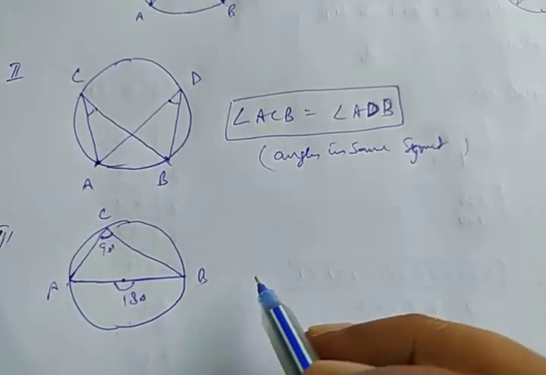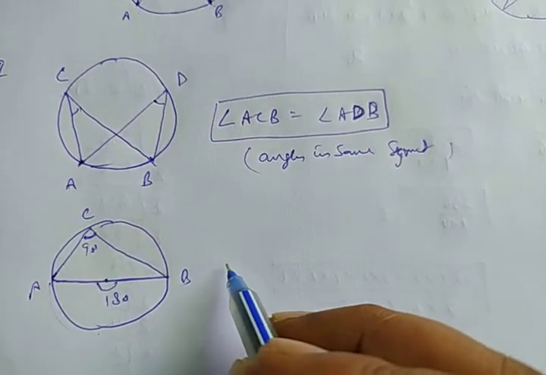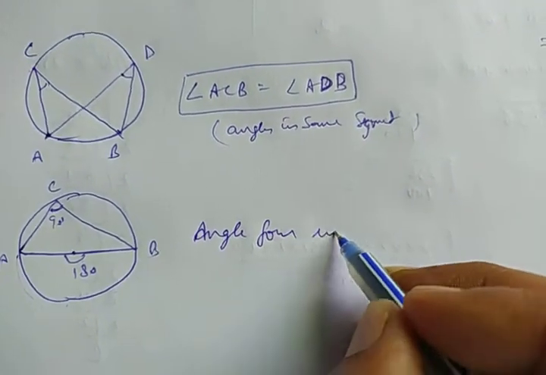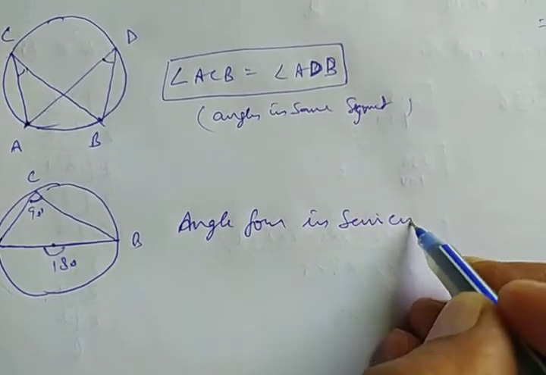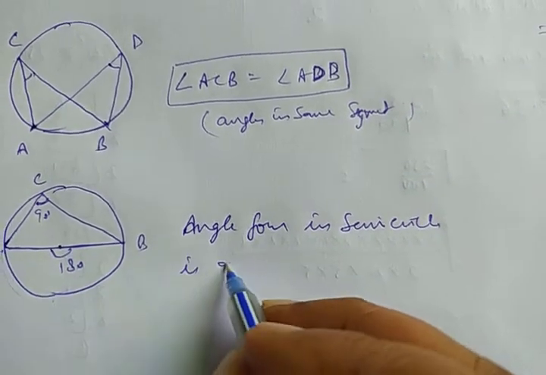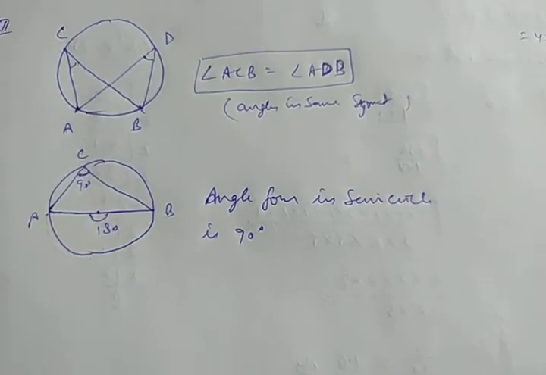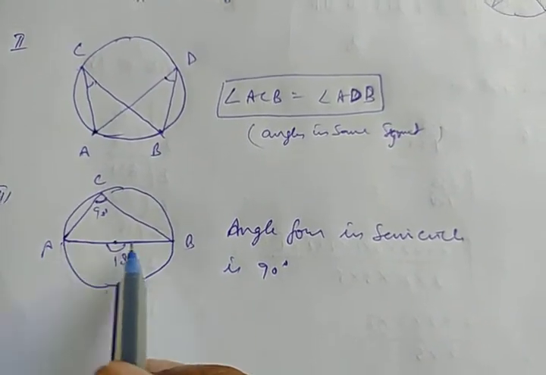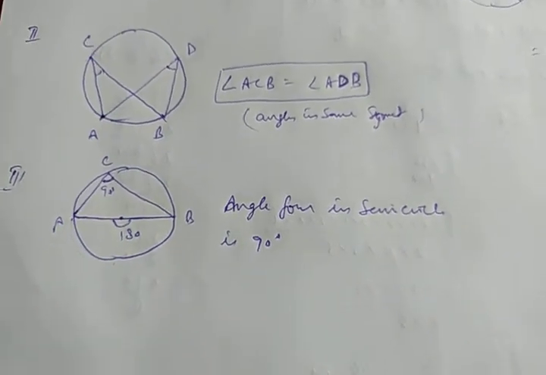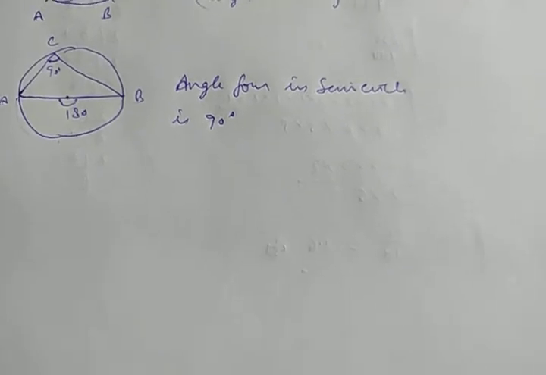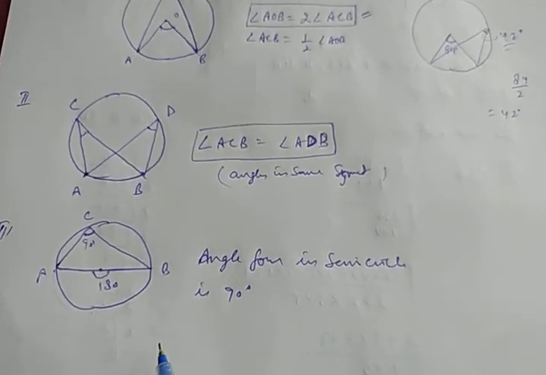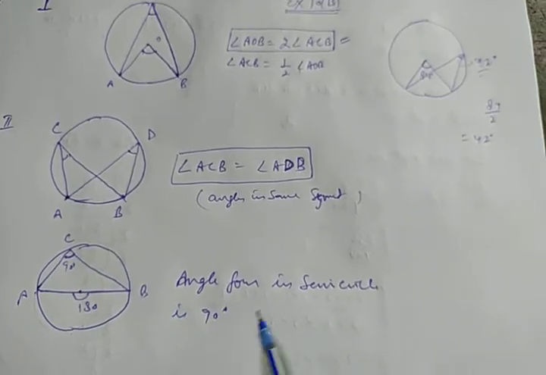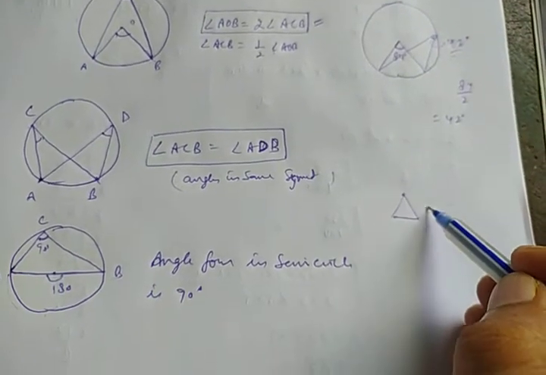Then your theorem applies: angle in a semicircle. Angle formed in a semicircle is 90 degree. If an angle is being formed at 90 degree, it would be in a semicircle. In this way you can understand. These are the basic concepts of the exercise, and additionally the sum of the triangle is 180 degree.